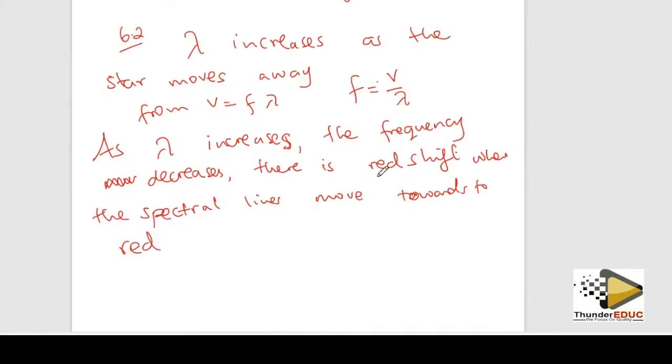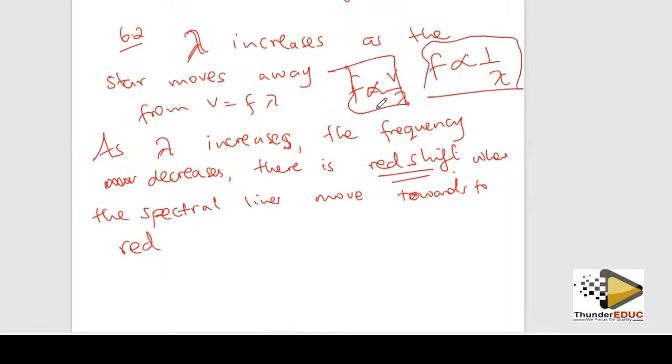So that's what we call a redshift. So talk about the wavelength increasing and then the frequency decreasing, since frequency is inversely proportional to wavelength. We don't need the rest, just use this. And then for conclusion, there's a redshift towards a smaller frequency.